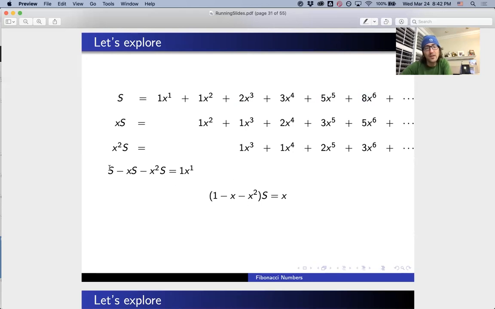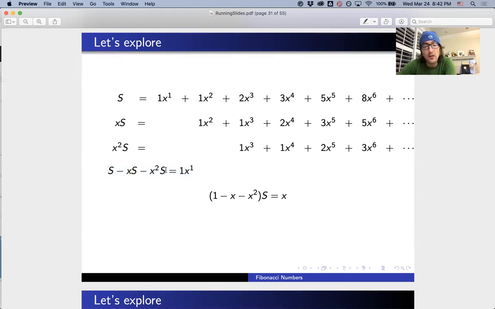So this whole infinite sum, once I do this little magic, simplifies to just 1 times x to the 1st, which is none other than x. So this whole thing is equal to x.